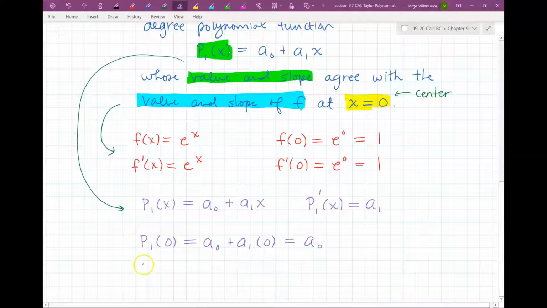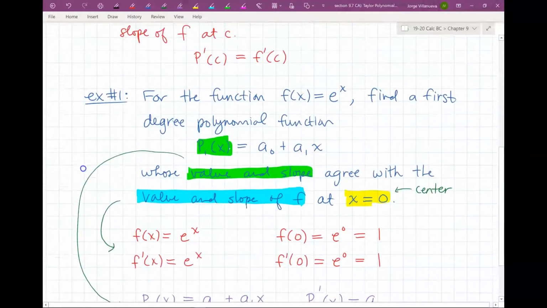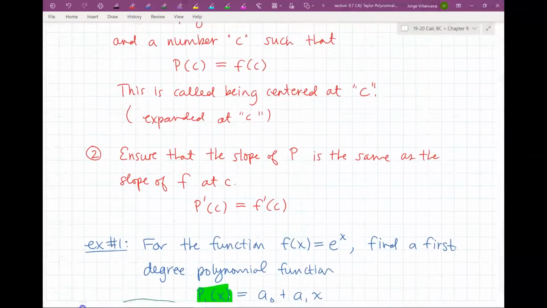So what's p sub 1 prime of 0? Well, is there an x where I can plug in a value of 0 to that derivative? No, so that means it's just a sub 1. Now let's read again the very beginning, where they said, to do this, I want to set the original function equal to the polynomial function at the same point.